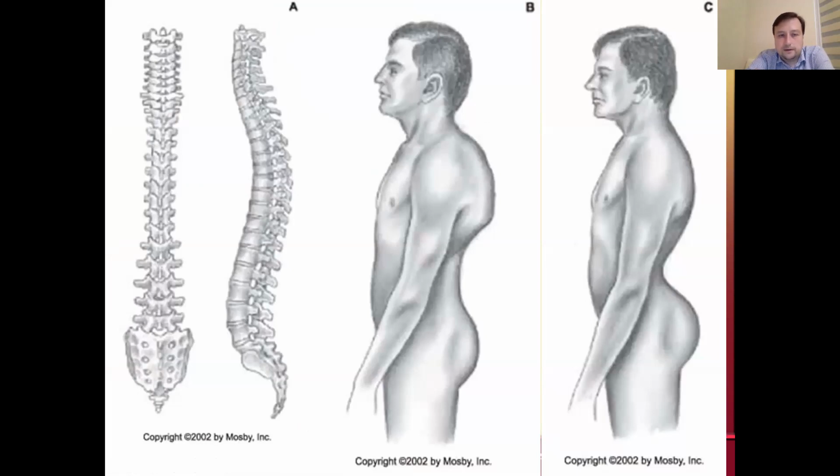Next one, we look at the posture of the patient, the spine. Normally the spine looks like an S. There can be some changes in the spinal column, as you see in the picture.